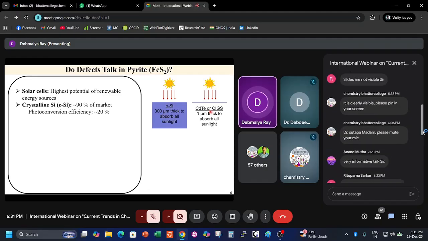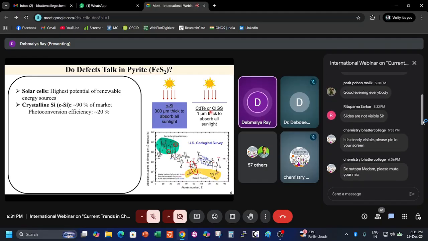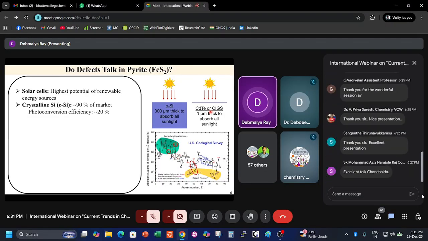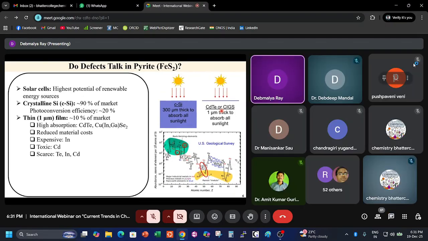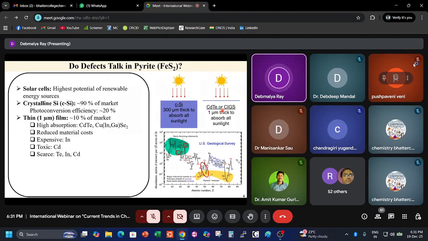Now the other half of the market is based on materials like cadmium telluride or copper indium gallium selenide, which requires a 1 micrometer film. But the problem is they are made of either toxic material like cadmium or scarce material like tellurium and indium, and indium is also very expensive.